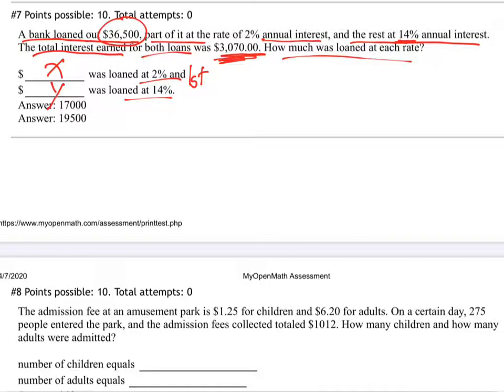It's $36,500 that was loaned. So the amount that was loaned at the 2% plus the amount that was loaned at the 14%, the X plus the Y, must total $36,500. That must be the total amount of money that was loaned. So that's just total money.